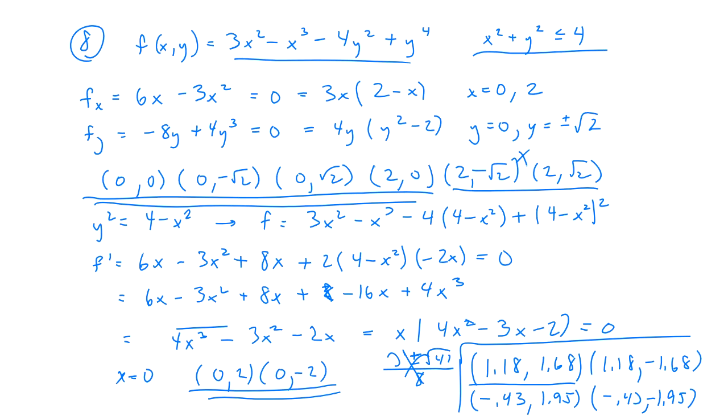So we use the endpoints 2, 0, negative 2, 0, which when we plugged into the function gave 0. 0, 2, and 0, negative 2, when we plug into the function also gives 0. Okay.